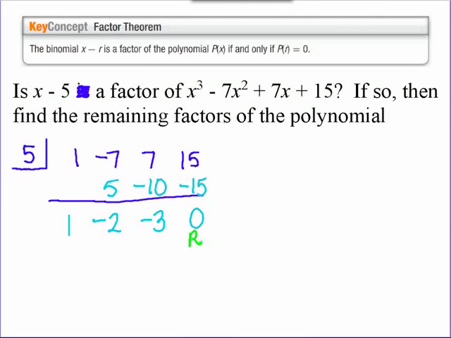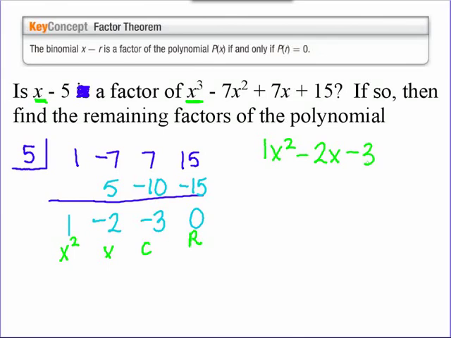Now I need to figure out what is the coefficient of what term. Well, if I start with an x cubed and I divide it by an x, what is this got to be the coefficient of? X squared. This is x, and this is your constant. So really, I'm left with 1x squared minus 2x minus 3.